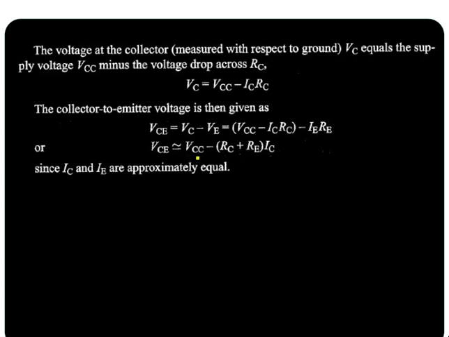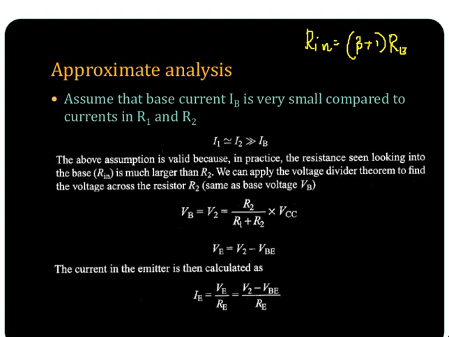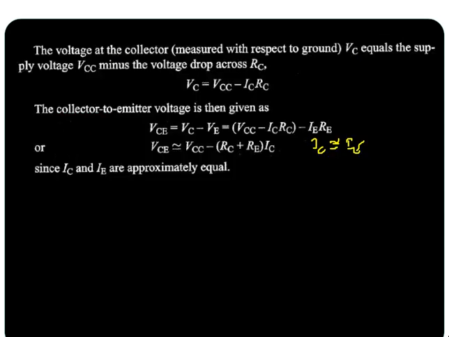Simple KVL equations we are writing. So VCE is approximately equal to VCC minus IC, since IC is approximately equal to IE, therefore VCC minus RC plus RE into IC.